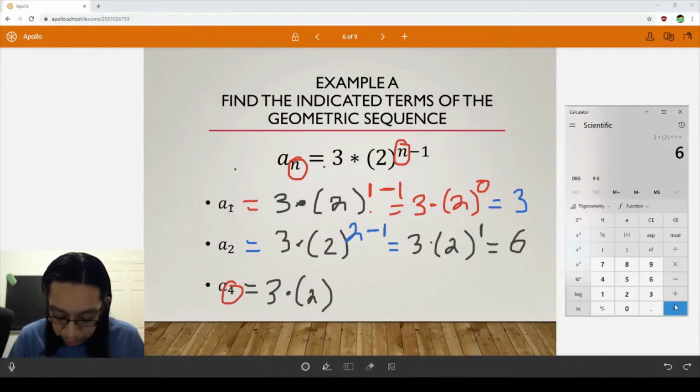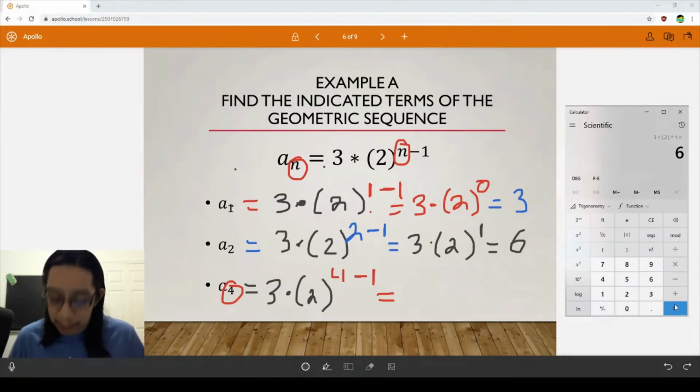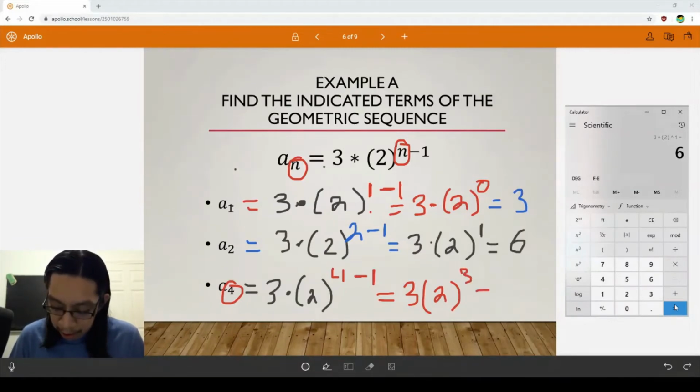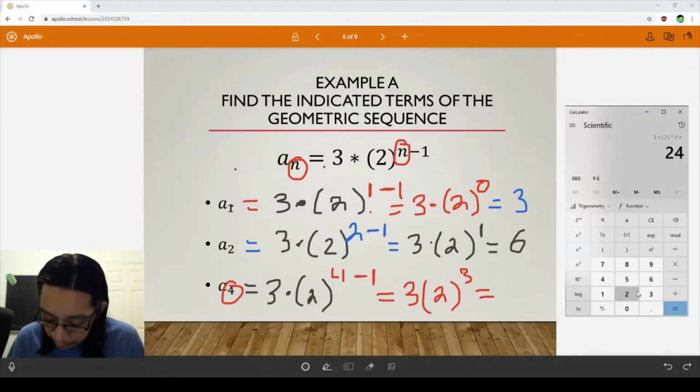So 4 is going to go up here, minus 1. Let's simplify. So you have 4, oops, no you don't. That's a mistake. 3 times 2, 4 minus 1 is 3. And again, use your calculator to help you out with the calculation. So 3 times parentheses 2 to the power of 3. That gets me 24. So that means my final answer here is going to be 24.